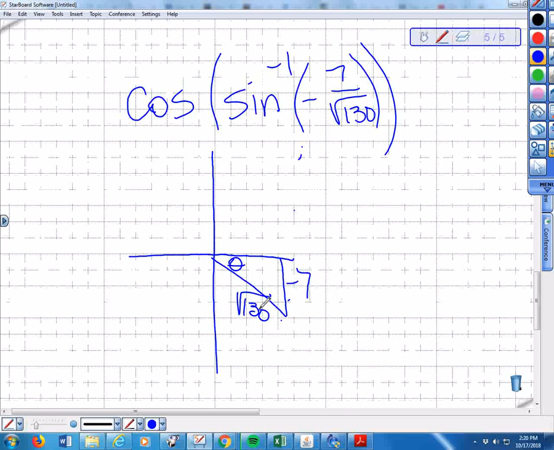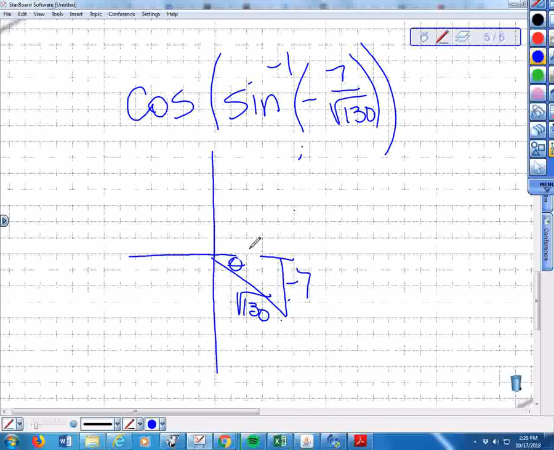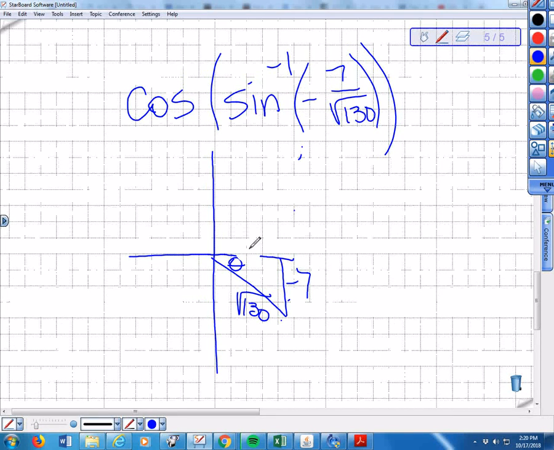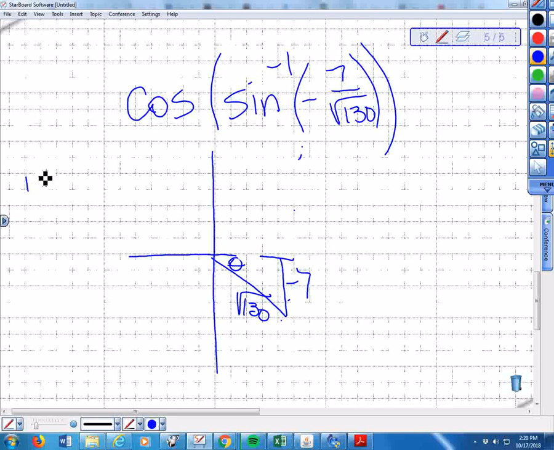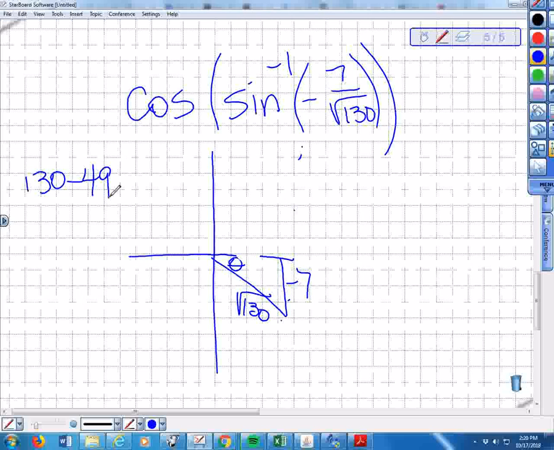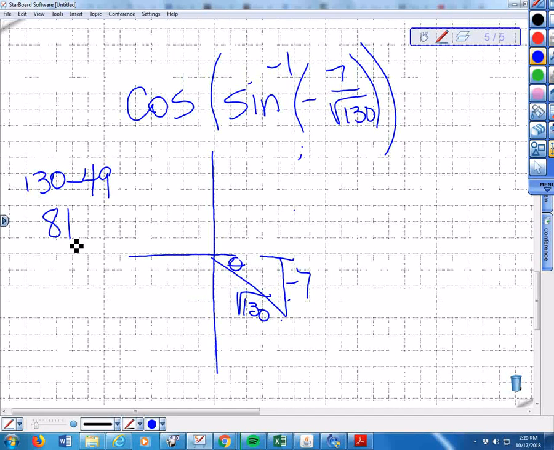So I need to find this value, right? Because this is my theta, and I'm going to take cosine of that theta, and I'm going to get a ratio. So I'm going to take 130 and subtract 49 to get what? 81.